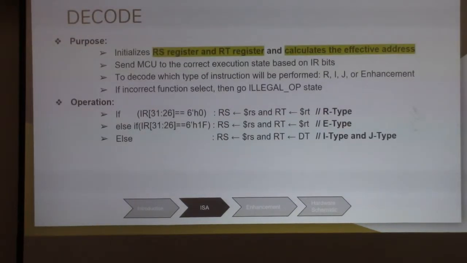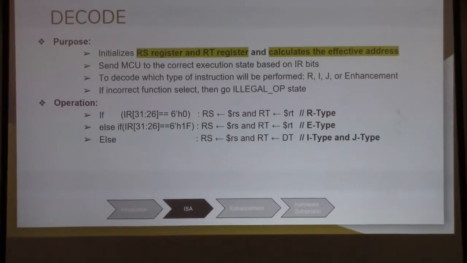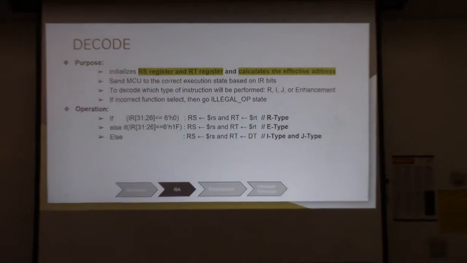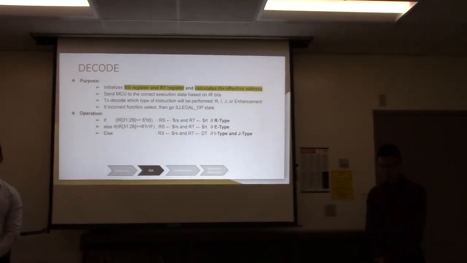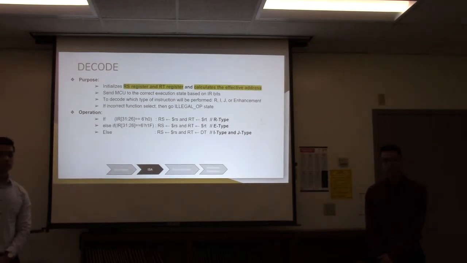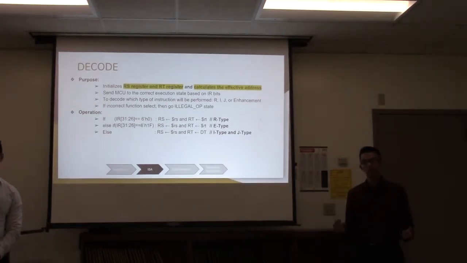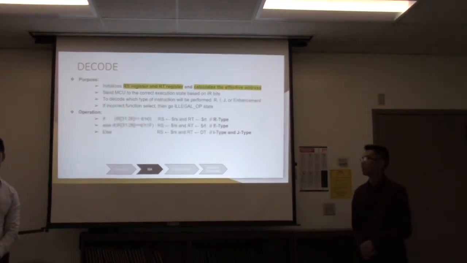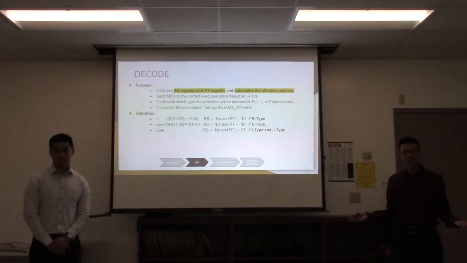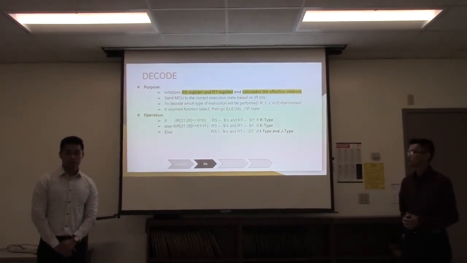For decode, the purpose is to initialize the RS and RT registers and to calculate the effective address before any instruction is performed. In the MCU, it sends execution to the correct state based on the IR bits, and those bits determine whether it's going to be immediate, jump, register, or an enhanced type. If there's an incorrect function select, it's set to default, where it's going to go to the illegal op state.